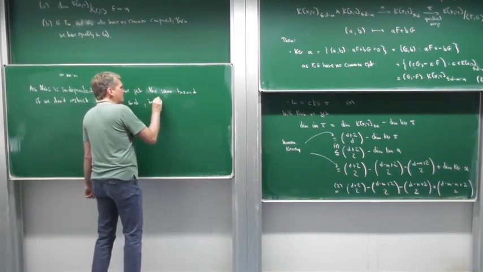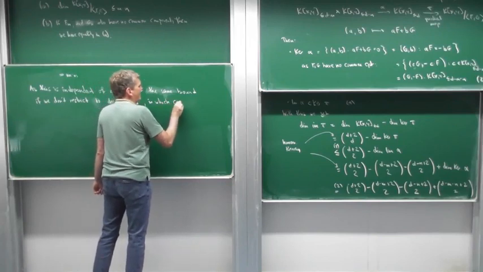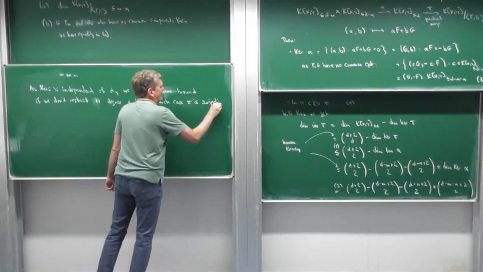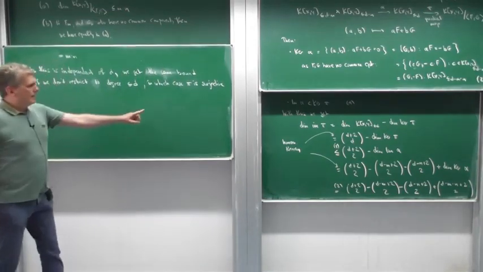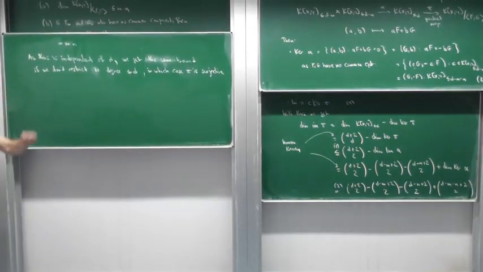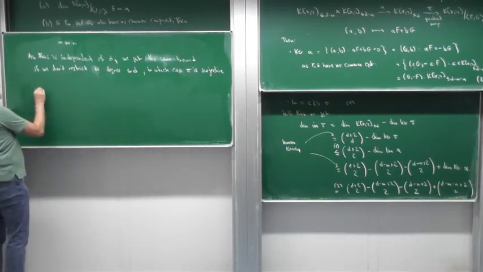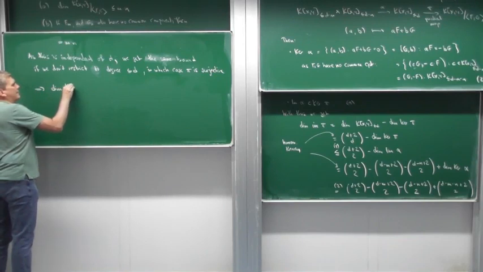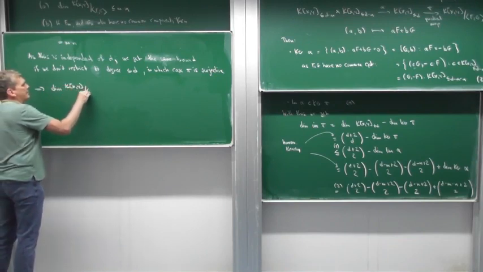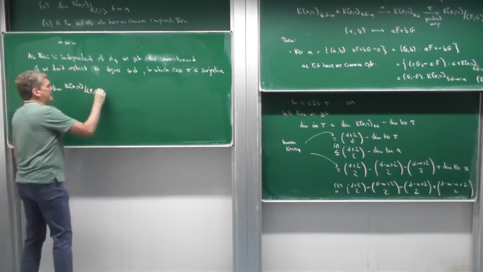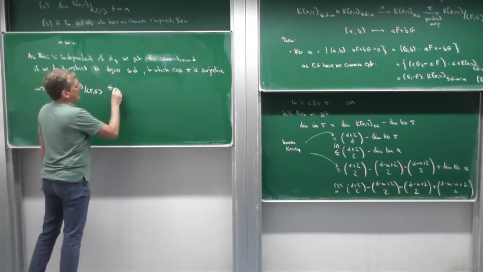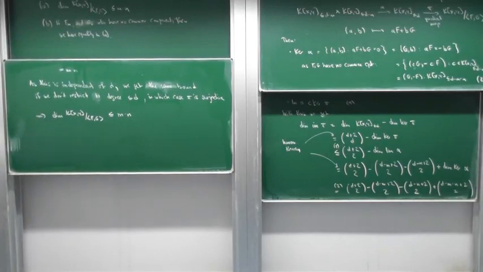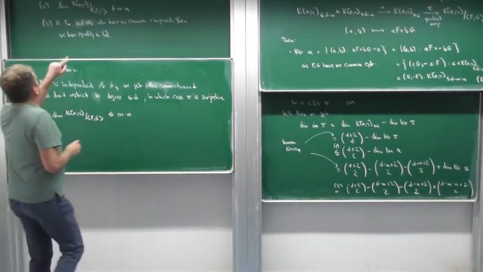In which case, of course, pi is surjective. And that means that the dimension then becomes the dimension on the right-hand side. And so that means the dimension of k[x,y] modulo (f,g) is less than or equal to that number, m times n. And that was part A, right, of the statement. Okay.